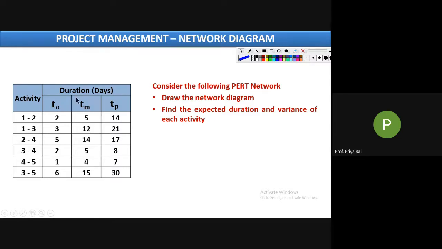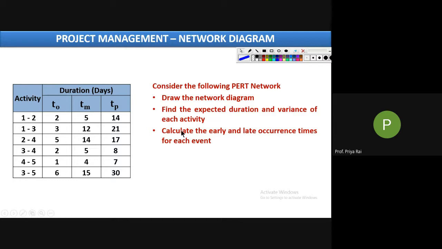Since there is a probability term coming here, there will be 2 terms, standard deviation and variance. Before calculating variance, we must know the standard deviation of each activity. That formula we have already seen; I will discuss what the formula is.